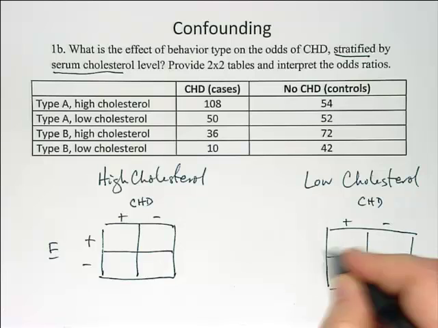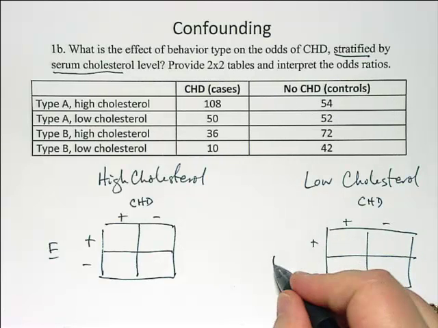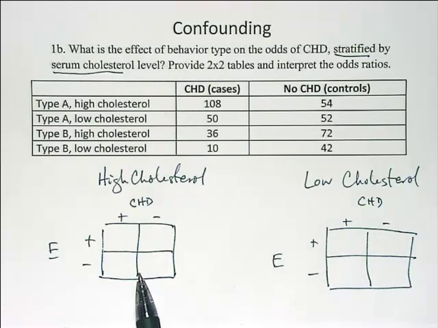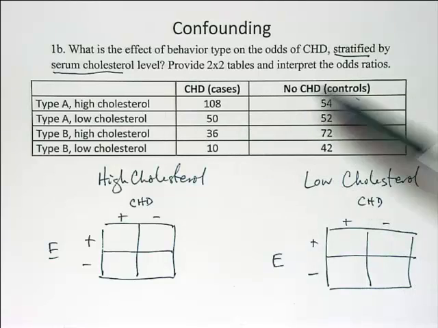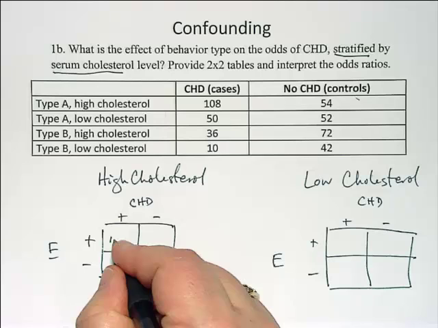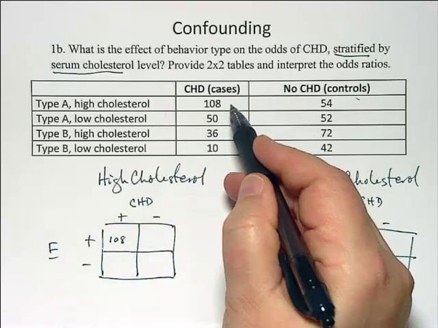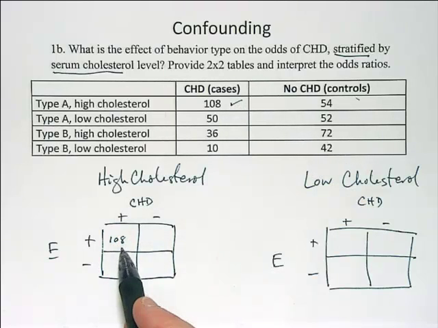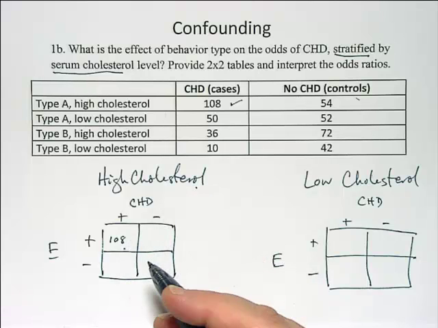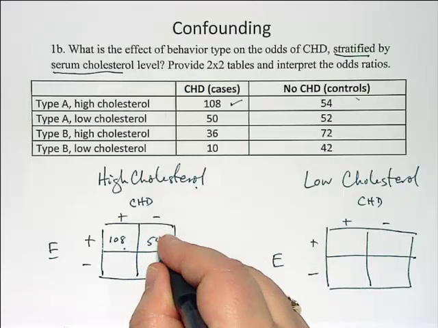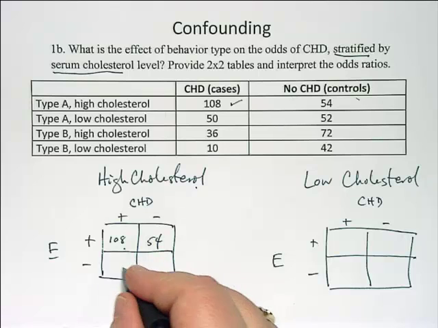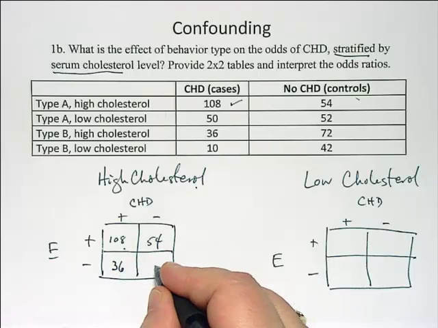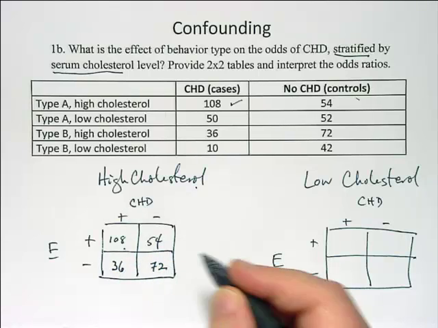So you can see we're looking at the same association that we did in the crude. We're just doing it in both of these groups. It's just a matter of going up to this table and filling in what these actual cells are. So this cell goes to this cell in the high cholesterol group, and I'm just going to fill these in. There's 54, there's 36, and there's 72.